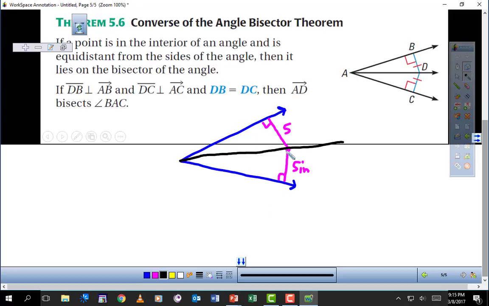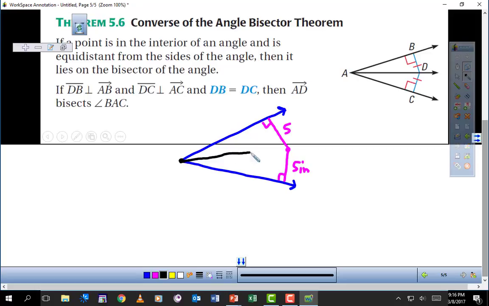And so how would we know that it's going to be the angle bisector? Well, first of all, we are allowed to draw a line from this vertex to that point there. We can draw that in. We're allowed to do that. That's called an auxiliary line. So we'll just draw that line in.